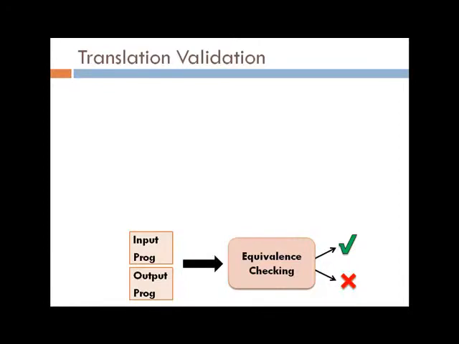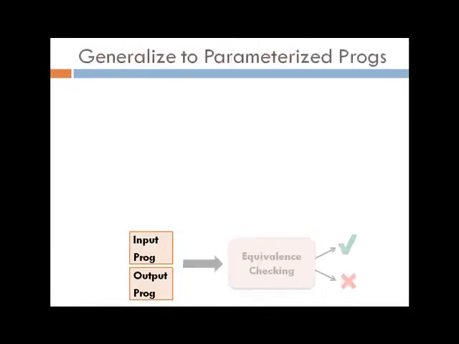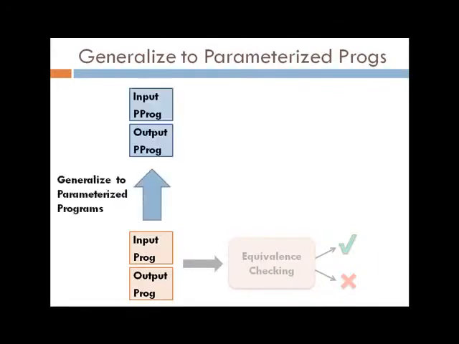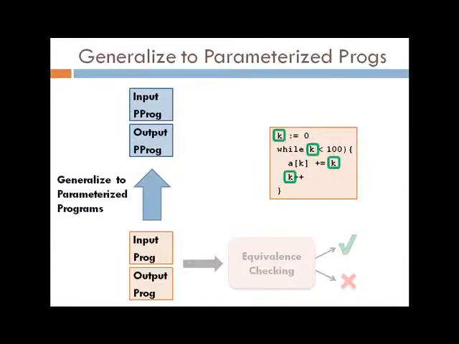So in our approach, we switch the focus from concrete, fully specified programs to parameterized programs. To give you a feel for what a parameterized program looks like, let's take this concrete program and replace some of its parts with parameters. First, let's take all the instances of the variable k and replace them with the parameter I, which ranges over variables.